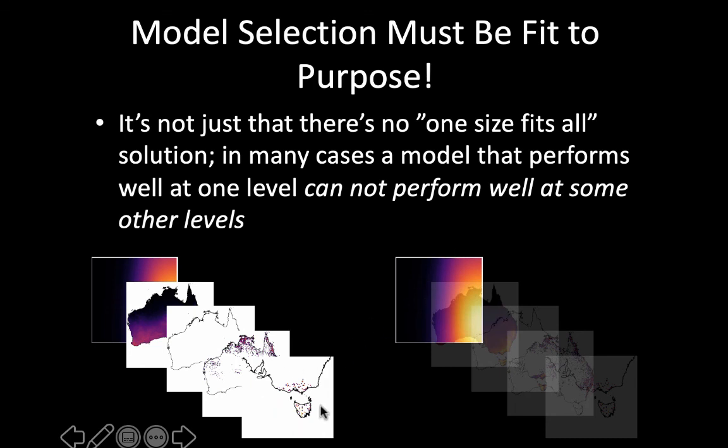So a model that predicts a species distribution well has to have these other things in it, whereas a model that predicts a species niche well has to have those out. Those are incompatible goals with most data sets, the only exception being where these three layers essentially don't change anything, right? In that case, you could do something that predicts the distribution and the niche well, but other than that, extremely unrealistic hypothetical scenario, you need to be clear on what you're building your models for, build them appropriately, and evaluate them appropriately.